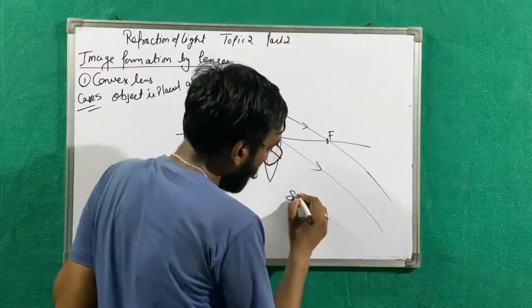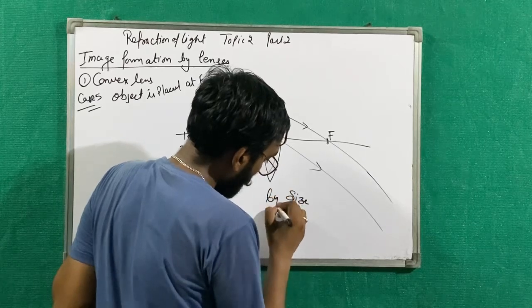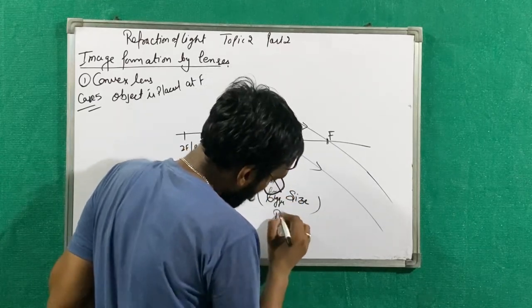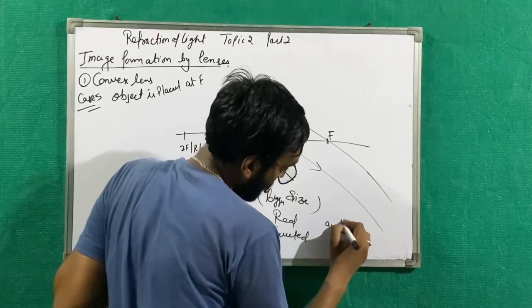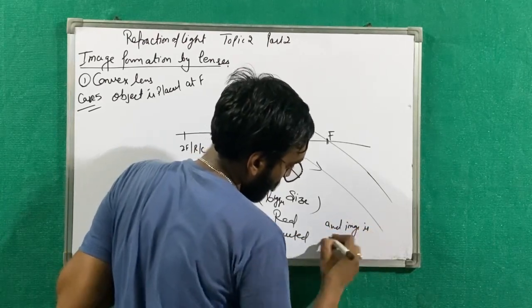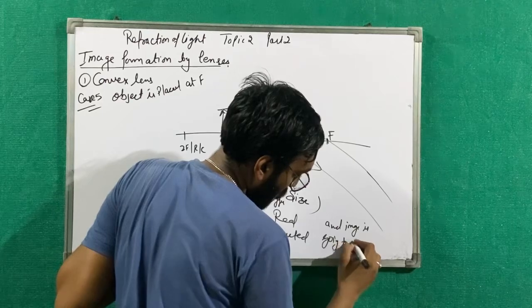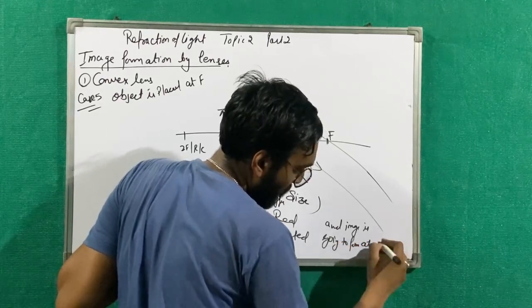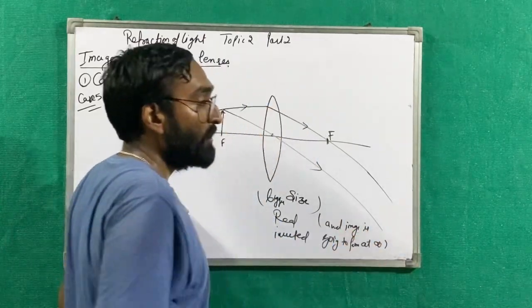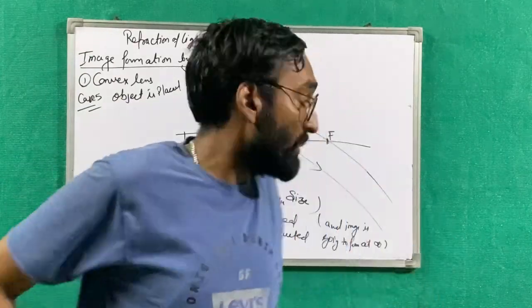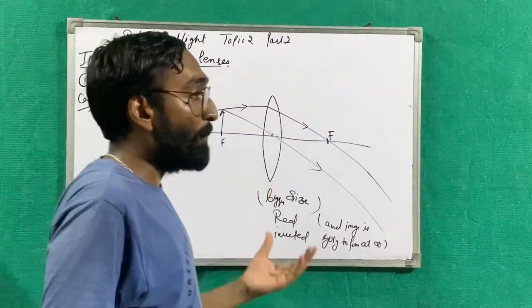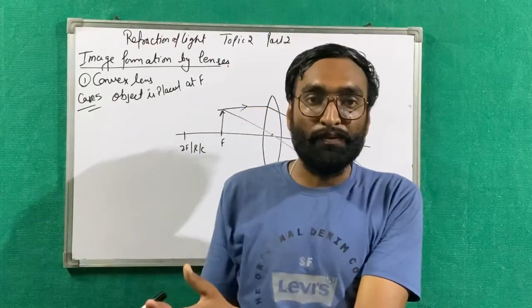So the image is going to be bigger in size, real, inverted, and the image is going to form at infinity. Mostly questions come from this section, that what is happening if the object is placed at f.